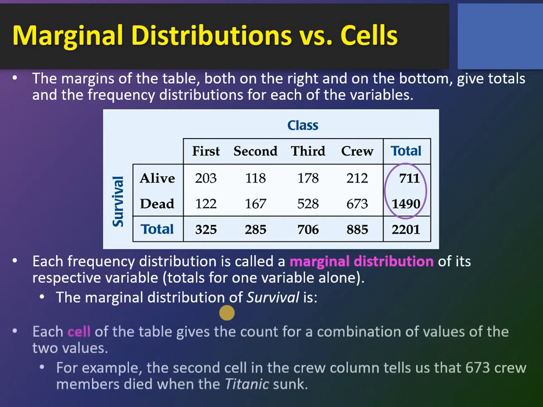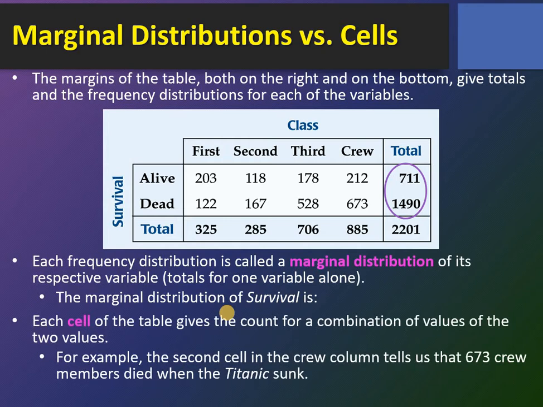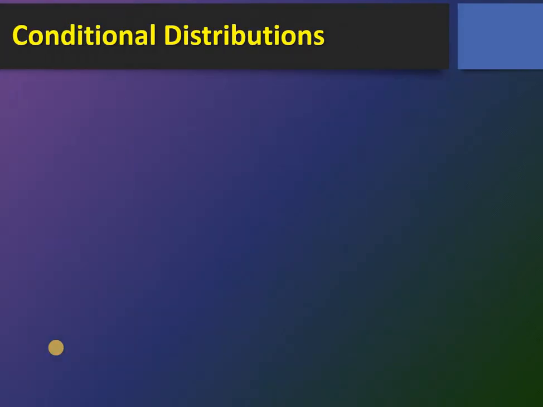There's another margin down here that's also a marginal distribution. And basically what that is, you find your totals, and you find which group that's parallel to, and that's the marginal distribution of that group. Edge to edge, top to bottom. Okay. So the cell gives the combination. We talked about that already.